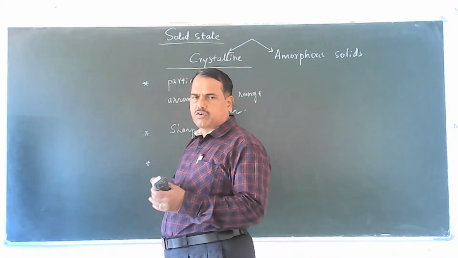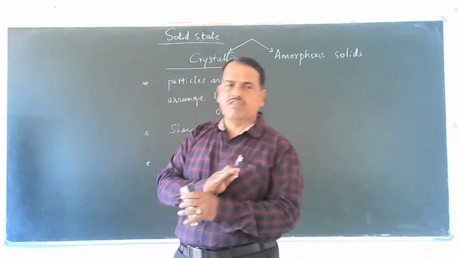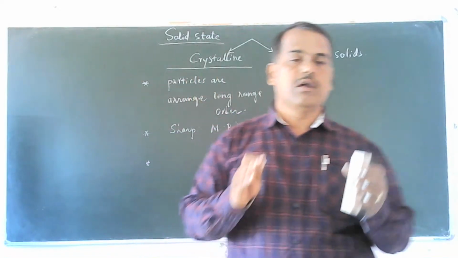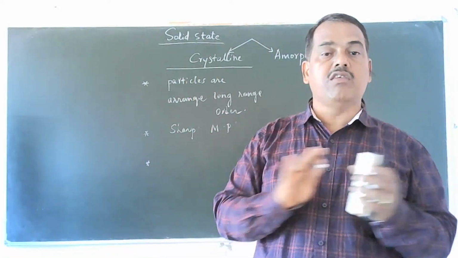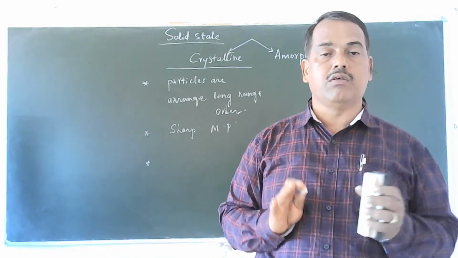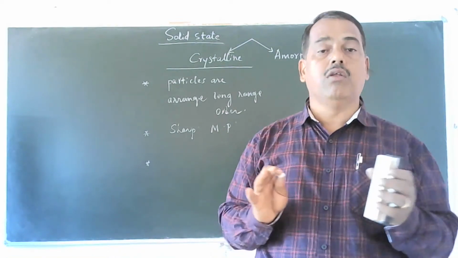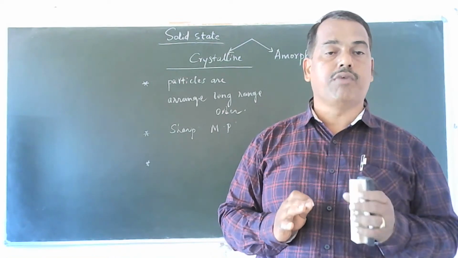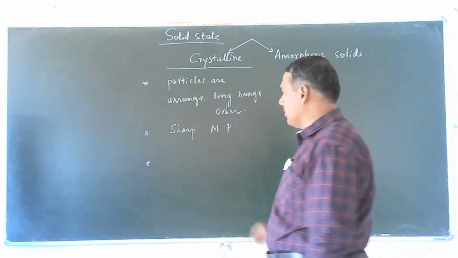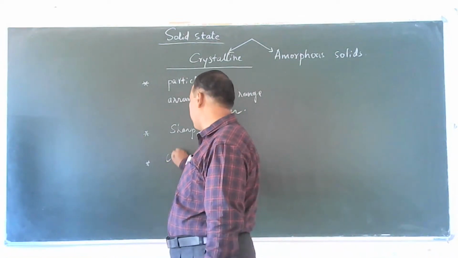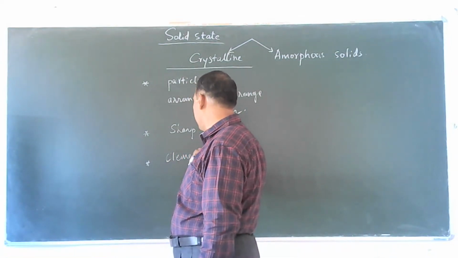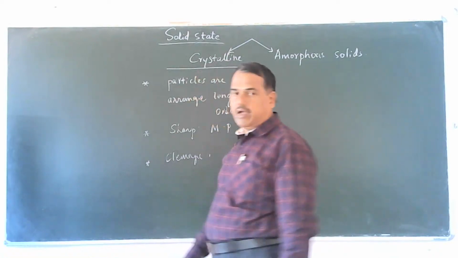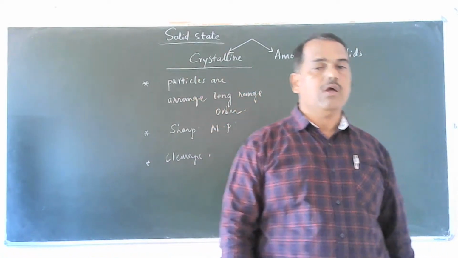If you just cut by a knife, it can be easily cut, and the surface is very well observed. You can find. So that is nothing but the cleavage property of a crystalline solid.